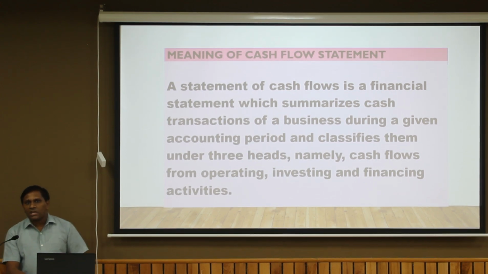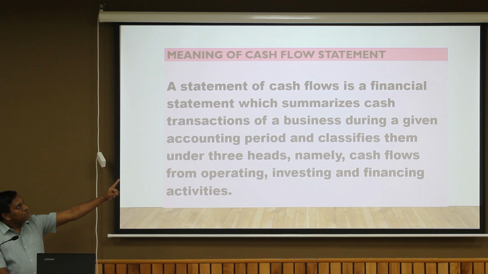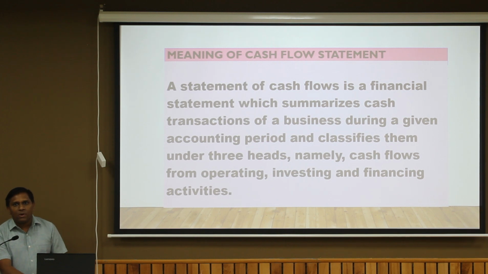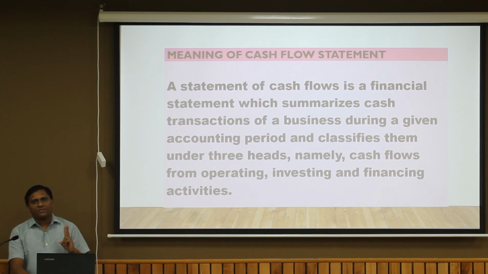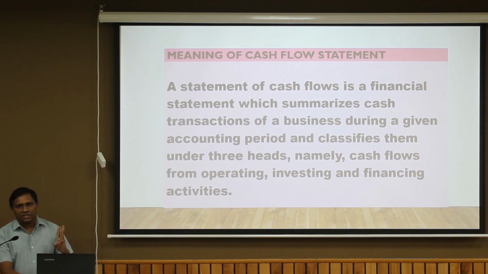So when we are talking about the meaning of cash flow statement, it comes like this: a statement which indicates inflow and outflow of cash and cash equivalent from 3 kinds of activities. Number 1, operating activities. Number 2, investing activities. And point number 3, financing activities.